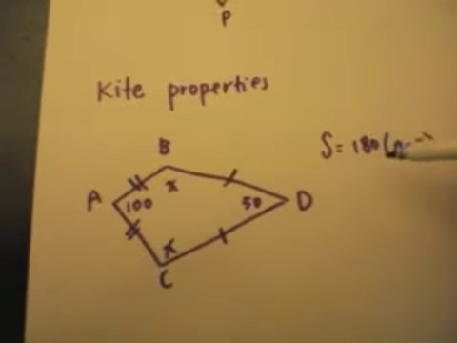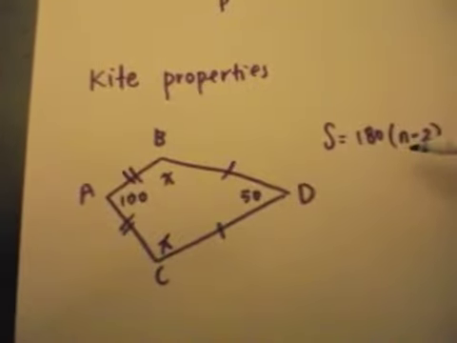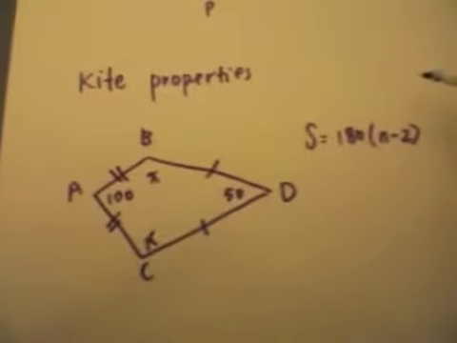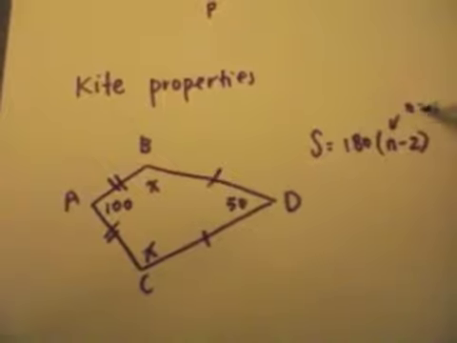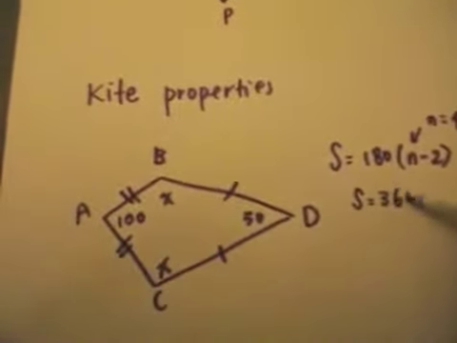You can use that formula to help you if you happen to forget. You're going to substitute the 4 here, n equals 4, and you're going to end up that the sum of the angles is equal to 360.